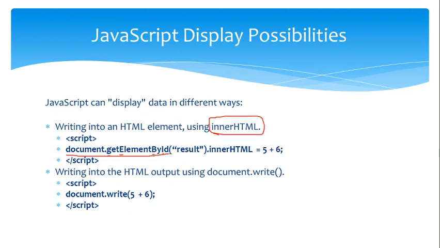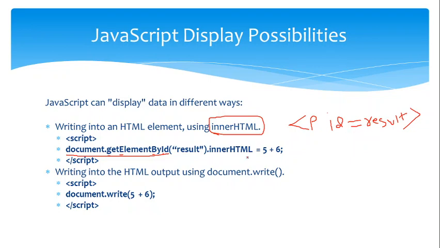Result is the name of the id, like p id equals result. So whatever result you are going to get here will display in this paragraph tag.